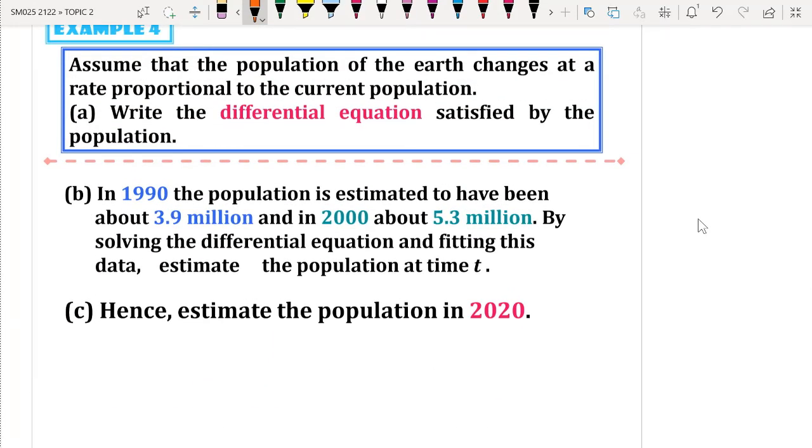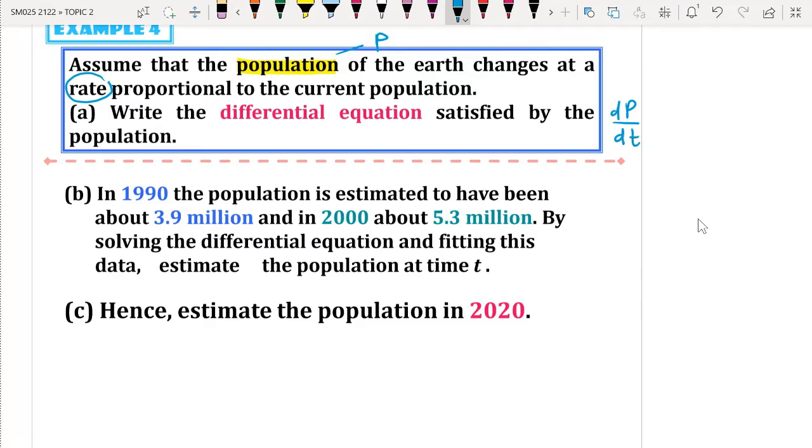So for the first question, assume that the population of Earth changes at a rate proportional to the current population. Write the differential equation satisfied by this population. They didn't mention the name, so it's just a general population. I assume it as P. It's involving rate, so it starts with dP over dt.